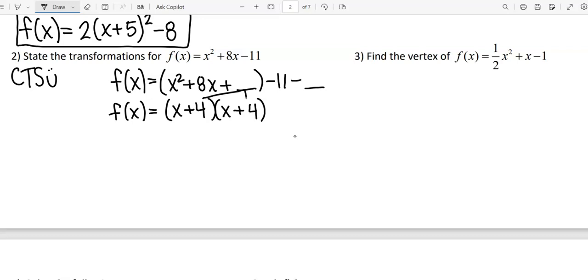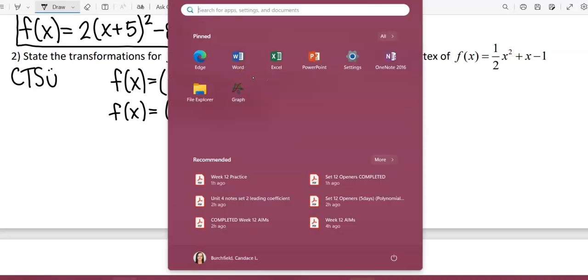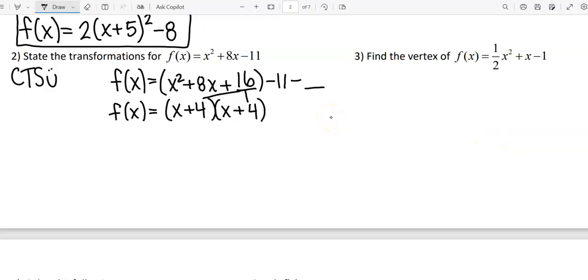And then working backwards, 4 times 4 is 16. If that says plus 16, the outside, thank you, says minus 16. What's negative 11 minus 16? Negative 27. And so f of x is equal to x plus 4 squared minus 27.